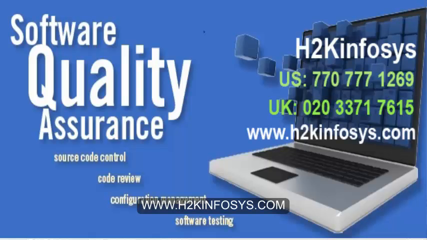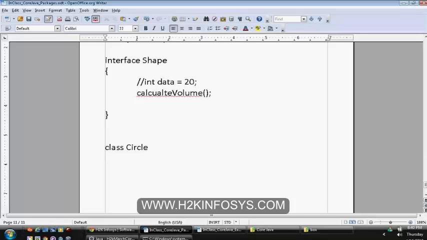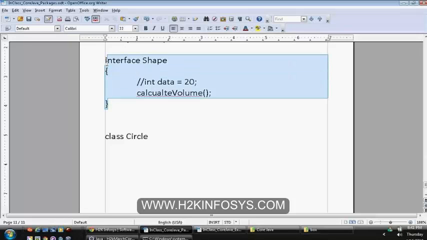And after that, you will write a circle class or any other class. Whenever you want to get the functionality from a different class, normally we'll follow the inheritance concept and we'll extend our superclass. But in this case, this is not a different class. This is a separate interface.